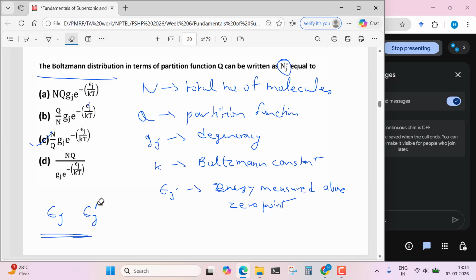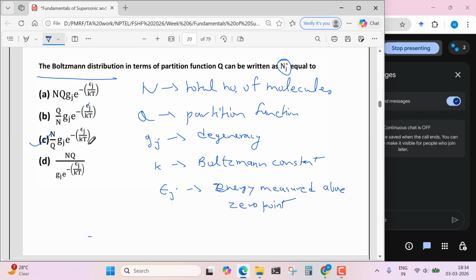So what will be the answer? It will be option C, N upon Q Gj e to the power minus epsilon j upon Kt. Now in this one, you see here, this N is the total number of molecules, Q is the partition function, Gj is degeneracy, K is Boltzmann constant, and epsilon j is energy measured above the zero point.